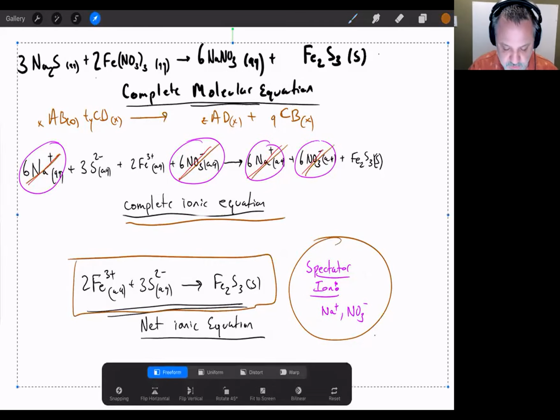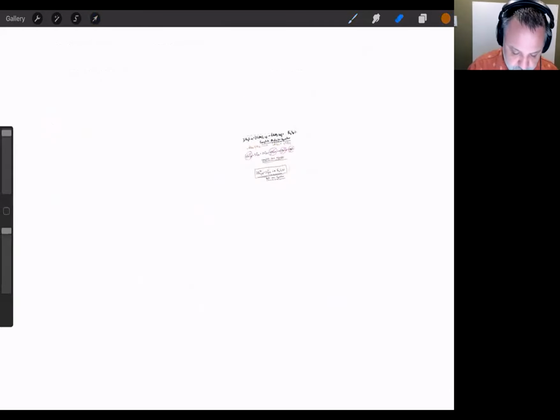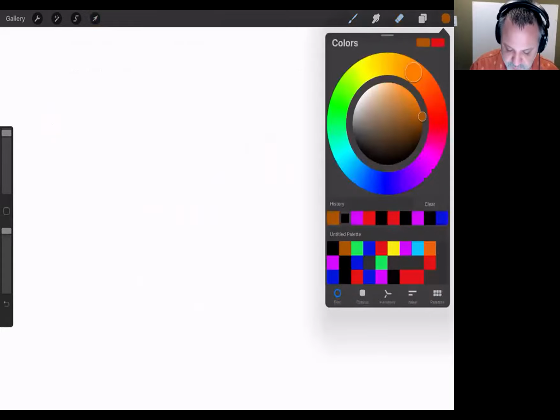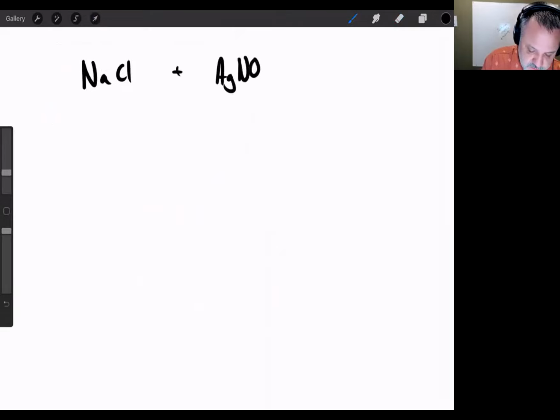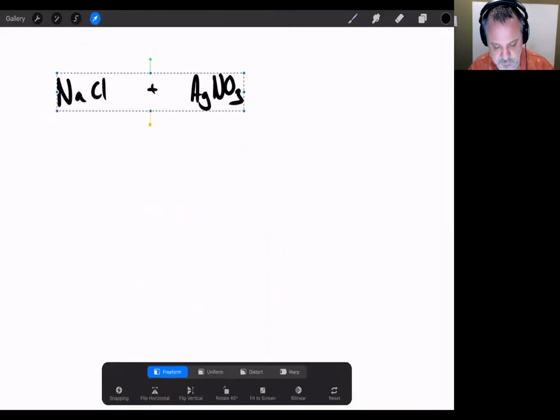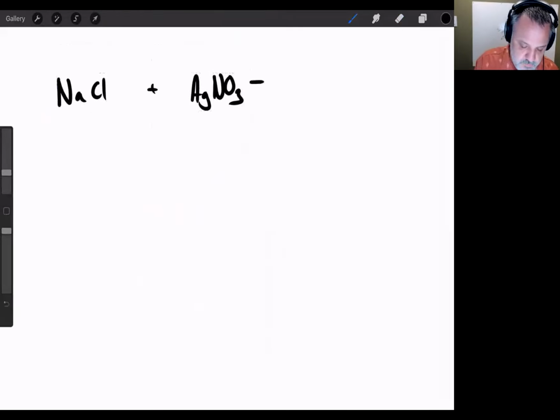Let's go back to an equation that we did before. We didn't have any states written down, but now we have enough information to write down states. Sodium chloride plus silver nitrate. What are the states? Sodium is always soluble, so that's aqueous.